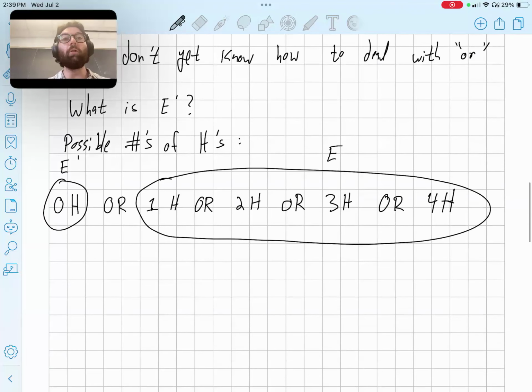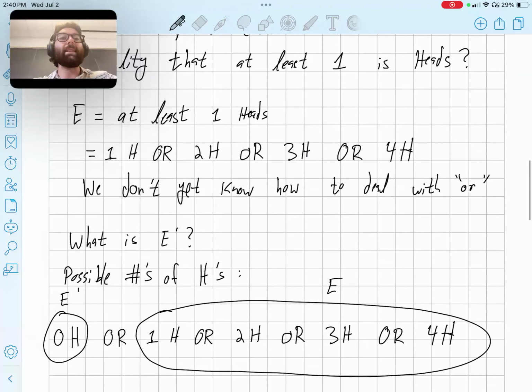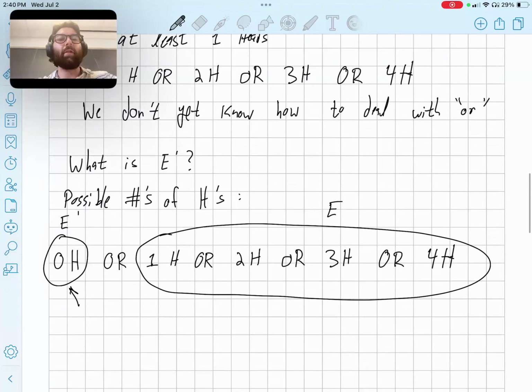Okay, so if you don't get at least 1 heads, that means you must have gotten 0 heads. Because if you get 1 head, then that's at least 1. If you get 2 heads, that's at least 1. If you get 3 heads, that's at least 1. If you get 4 heads, that's at least 1. And so the only way for E to not occur, for you to not get at least 1 heads, is to get 0 heads.